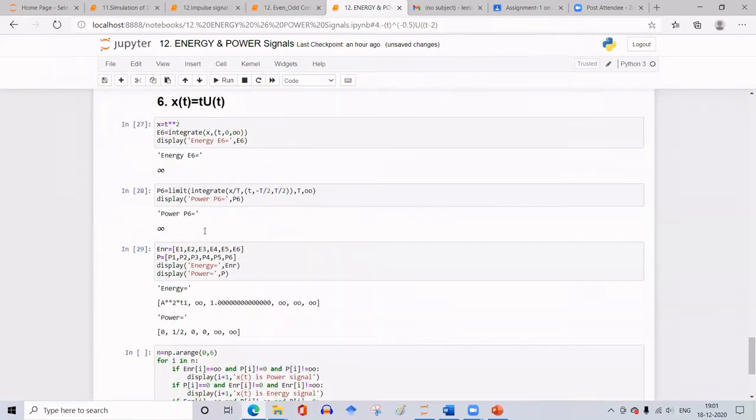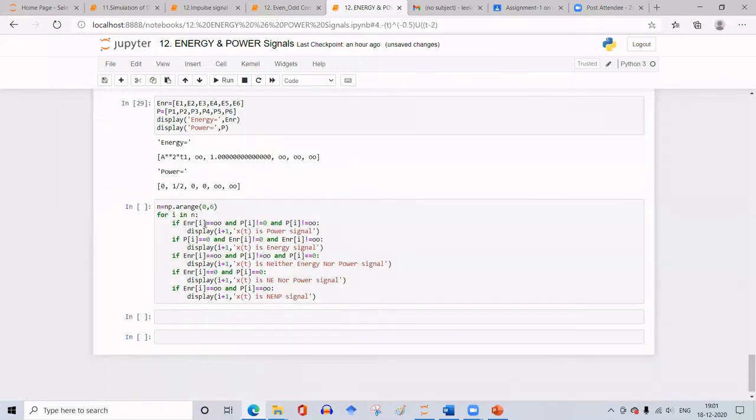Instead, if it has multiple elements, how I can make it an indexed array and index it, and for each I compare all these conditions and display for each value of I what is the type of the signal. You can make use of this. Somebody asked the other day whether we can make all the subplots in a loop. You just think of doing it this way also. So you have to have your own ideas there.